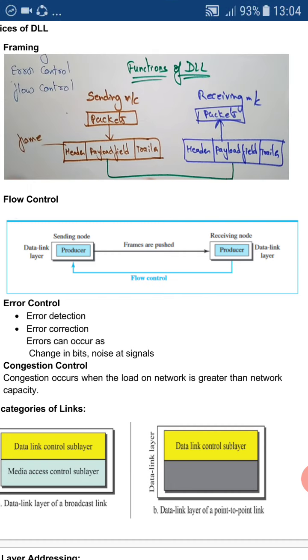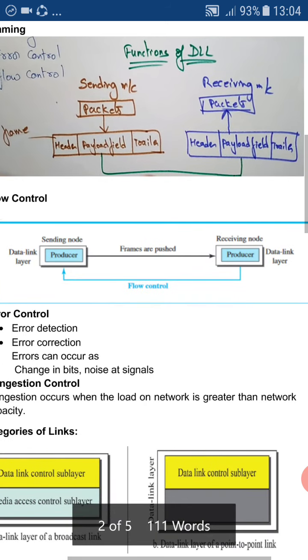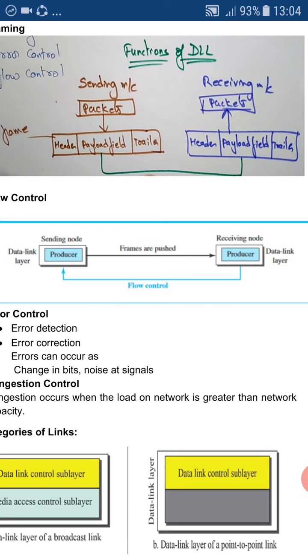To avoid this loss of frames, we have the service called flow control. In flow control, the receiver node will send feedback to the sender node. You can observe the feedback line, which is labeled flow control. Which type of feedback will the receiver send? The receiver will tell the sender that it is unable to process the frames, hence the sender can slow down the transmission rate. This is how flow control is done.